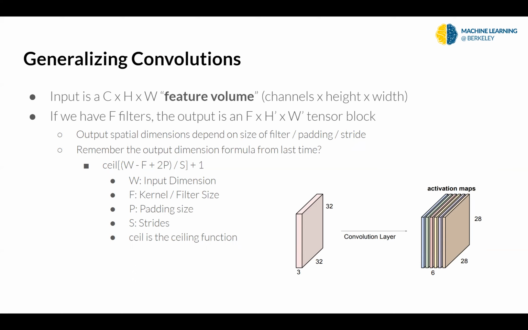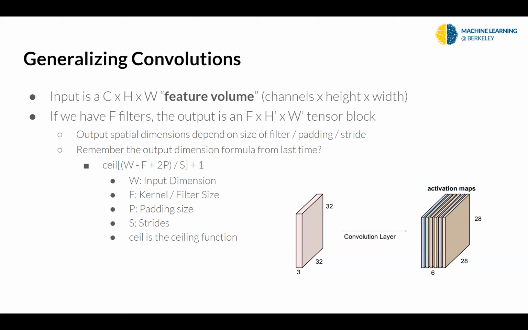We run F filters, and so the output is going to have a depth of F, so F by H prime by W prime. The H prime and W prime represent the new height and width that depend on factors like the size of our kernel, the size of our filter, the amount of padding we use, and the stride that we use.